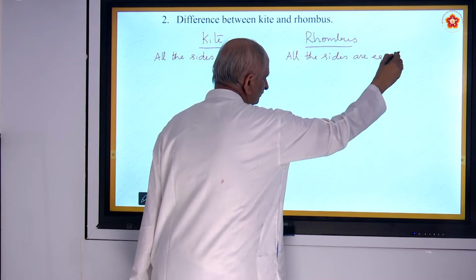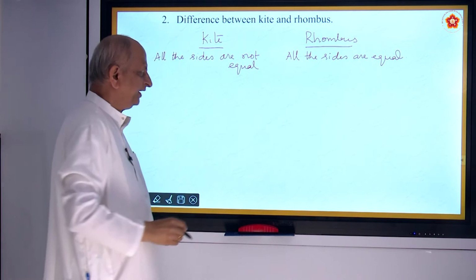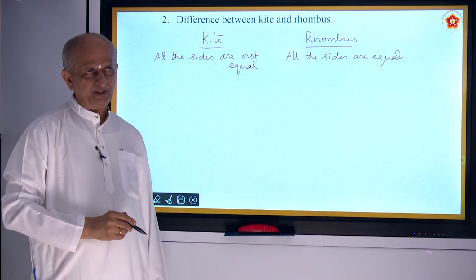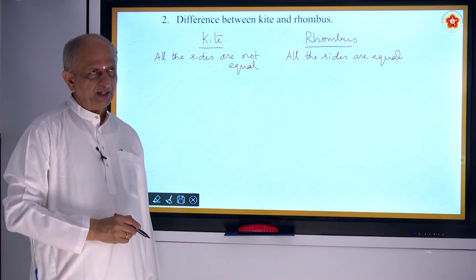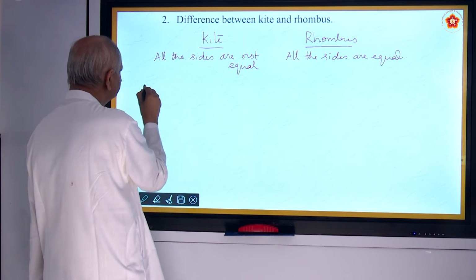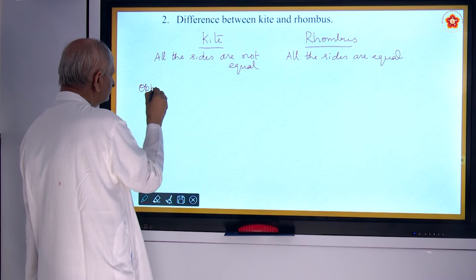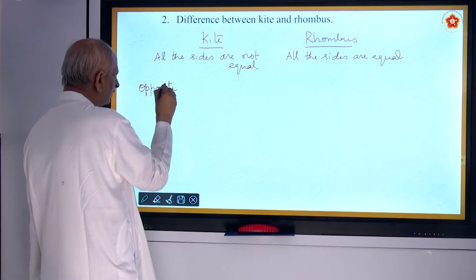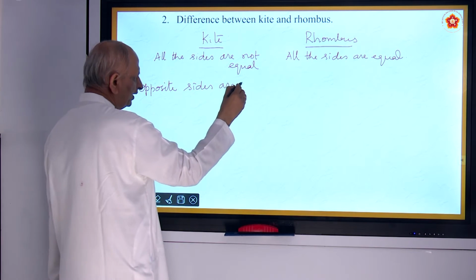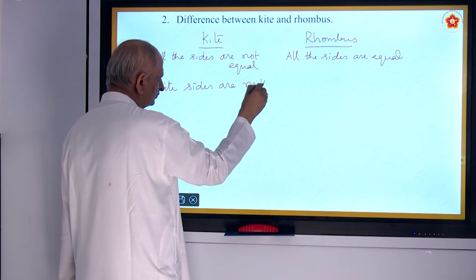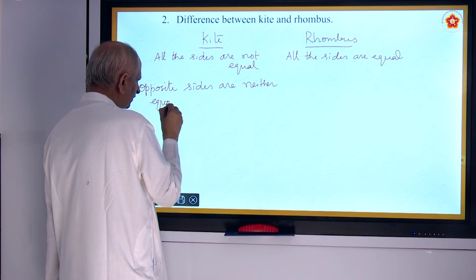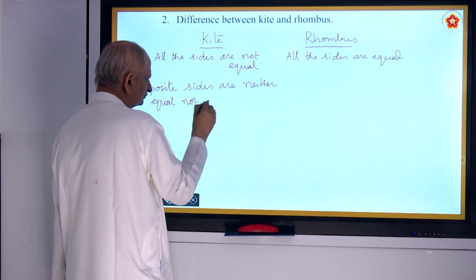Anything else? Here also diagonals bisect at right angles. That also bisect at right angles. That is not a difference. Okay. So this is one famous difference you can have. And in a kite, opposite sides are neither equal nor parallel.